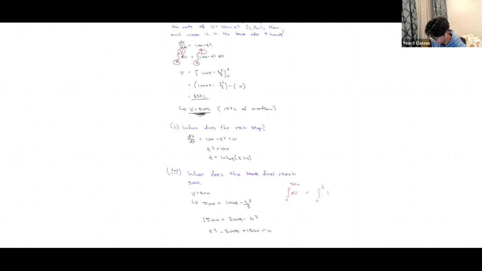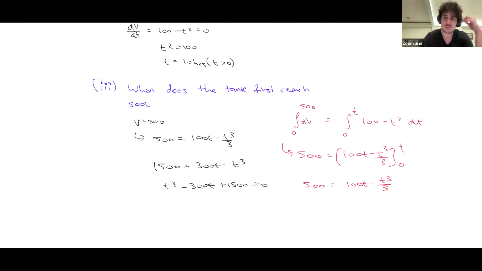And it would be the same process. Now we can just say 500 equals 100t minus t cubed on 3, from 0 to t, and then you're just going to get 500 equals 100t minus t cubed on 3, like so. But the plus C method is equally as valid. This way is just a little shortcut.